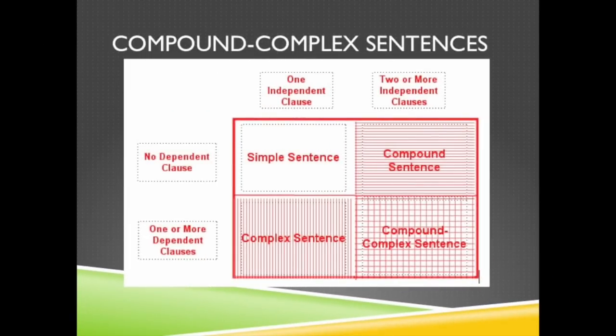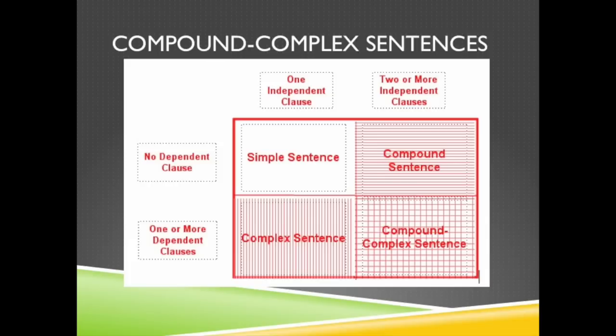This little chart shows how we could put the compound sentence and complex sentence information together in order to make a compound complex sentence. As you can see, if a sentence has only one independent clause, it's a simple sentence. If it has two or more independent clauses, but no dependent clause, it is a compound sentence.